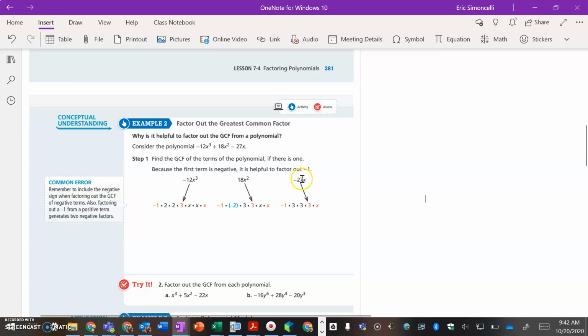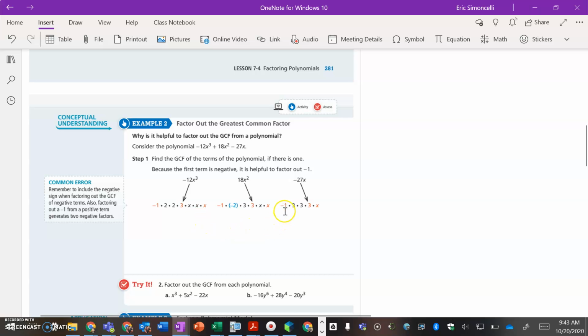Similarly, because negative 27 is the coefficient, being negative, we do negative 1 times positive 3, 3, and another 3. 3 times 3 times 3. Noting what is common, we have a 3 and a 3, as well as an x and an x. Again, those are the greatest common factors thus far.